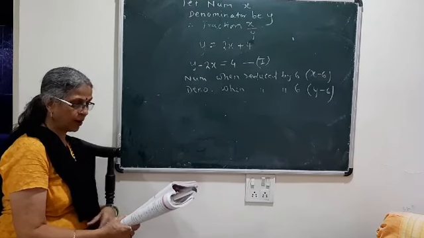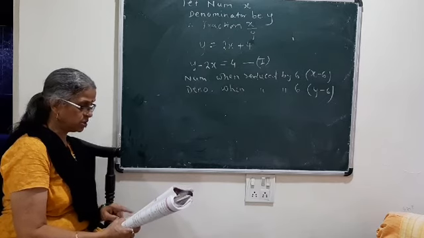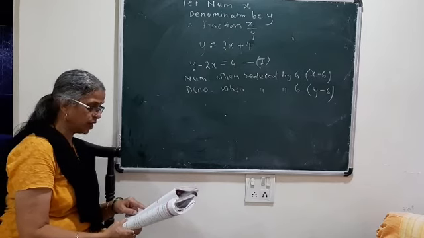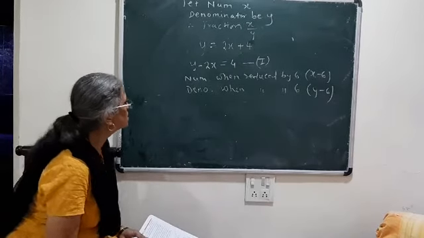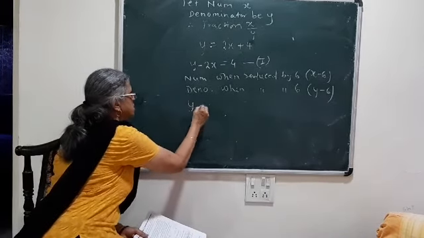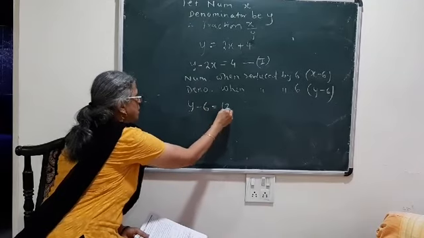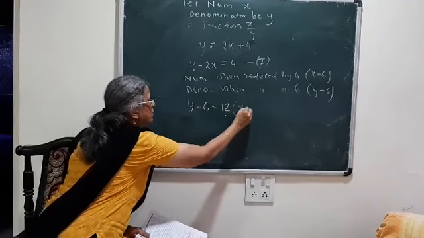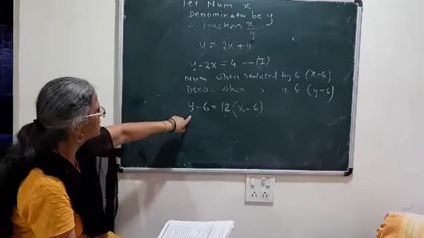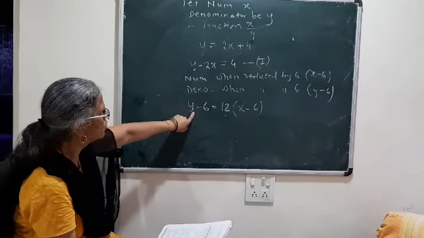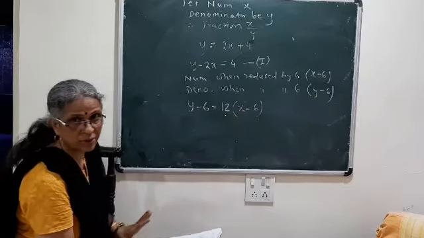Now we have to apply the first part, that is denominator becomes 12 times the numerator. So which is the denominator? y minus 6 becomes 12 times the numerator. Followed, that is denominator is equal to 12 times the numerator, followed.